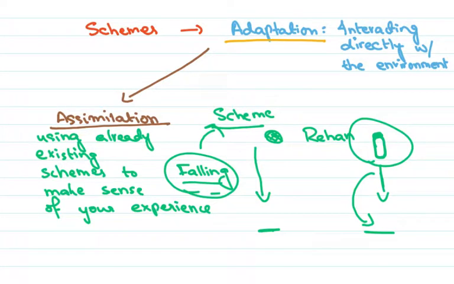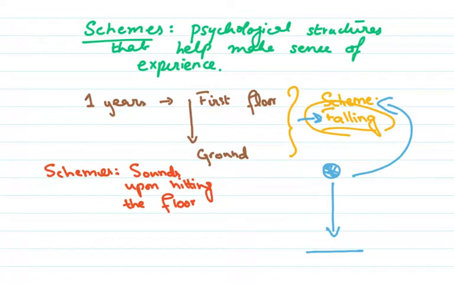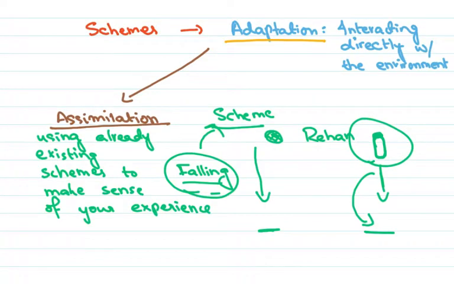And it's important to remember here that schemes are basically psychological structures that help us make sense of our experience. So in assimilation, the schemes that you've already created, you're just using those to make sense of your experience. Now there's another process that happens, which is called accommodation.